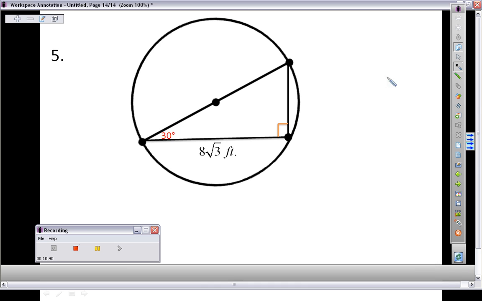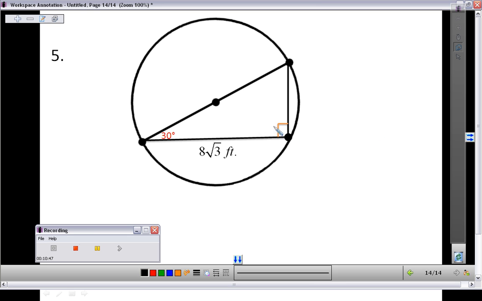One last one. This time we're given a chord of 8 radical 3 feet. But the triangle that is formed this time is a 30, 60, 90 right triangle, one of our favorites. This 8 radical 3 ends up being the long side because it is across from the 60 degree angle.